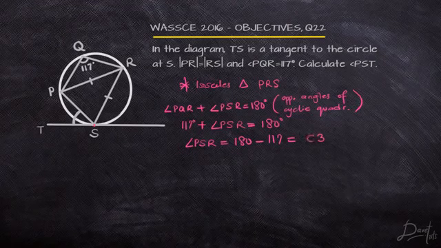And now, since we know PSR is 63 degrees, we also know that this other base angle of the isosceles triangle is also going to be 63 degrees. Why? Because base angles of an isosceles triangle are always equal. So you can see how the understanding of the principles that guide circle geometry and triangle properties will help us to solve the questions.